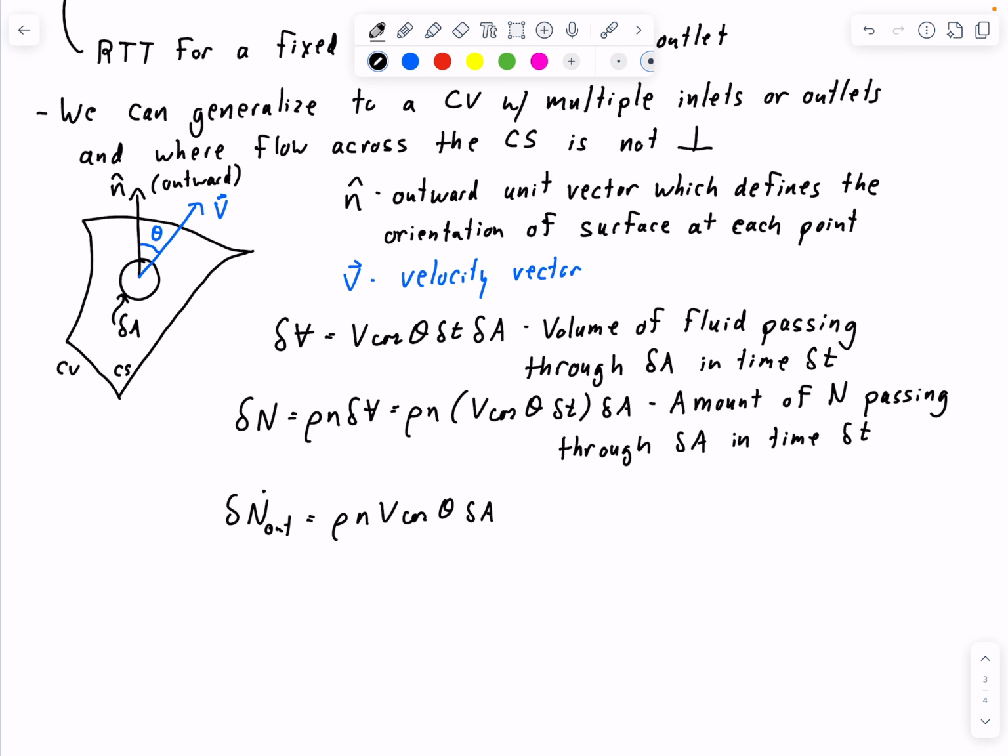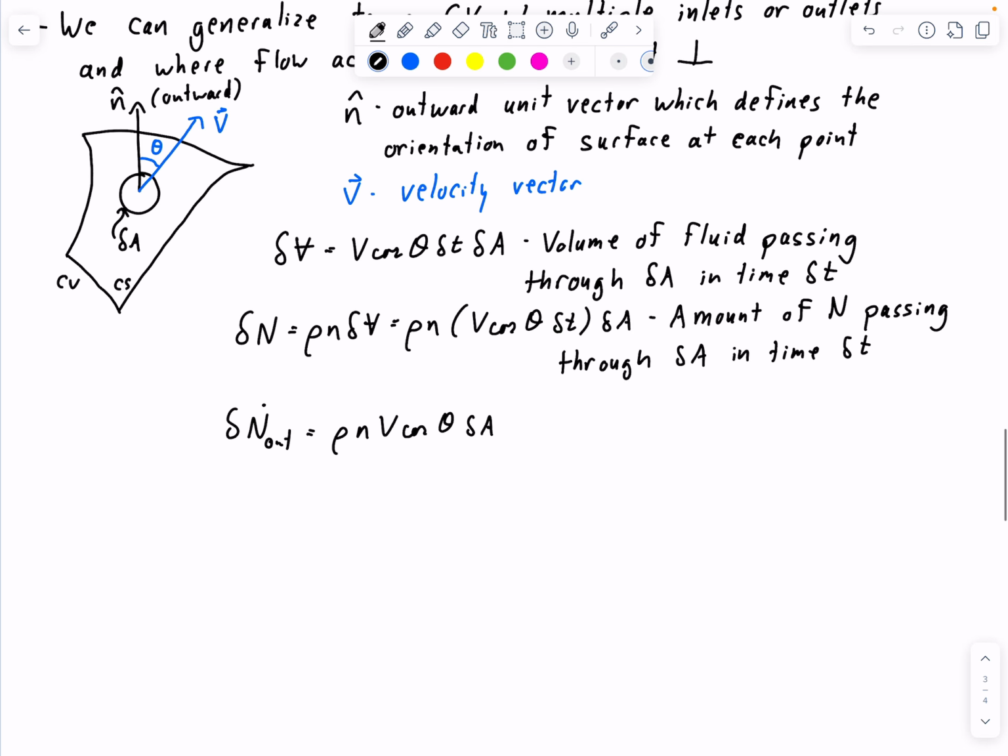Okay, now, this is over a very small area, right? This is over delta A. We want to know not just what flow is going through delta A, but really what flow is going through the entire control surface.